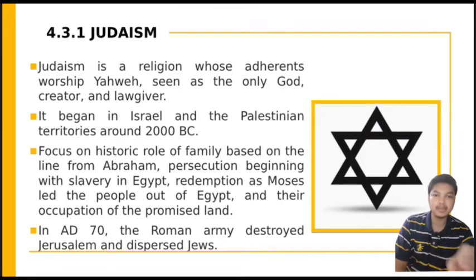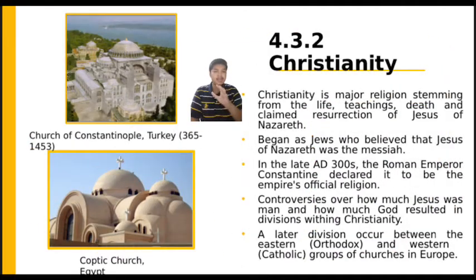Okay, next we go to Christianity, and I will keep it as simple as I can. When we think about Christianity, we always think about Jesus Christ, the life of Jesus, the death of Jesus. And the Christians also believe that Jesus is their Messiah.